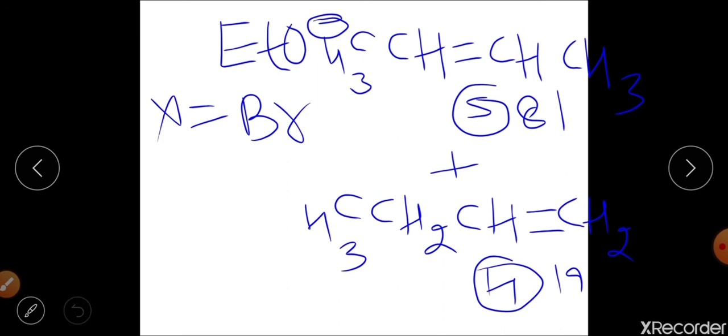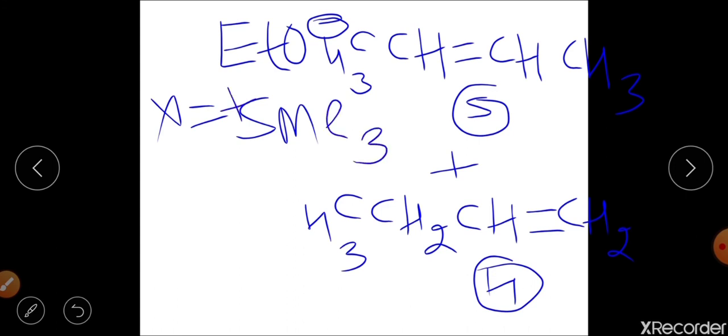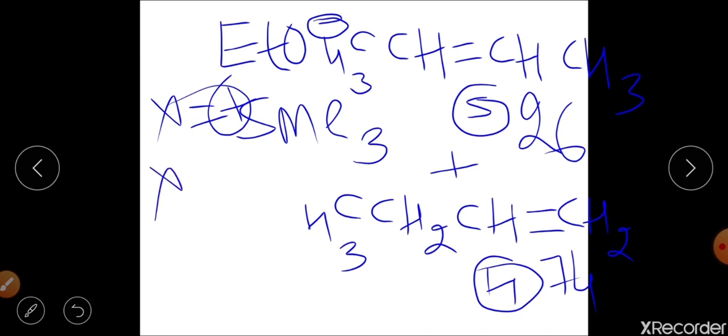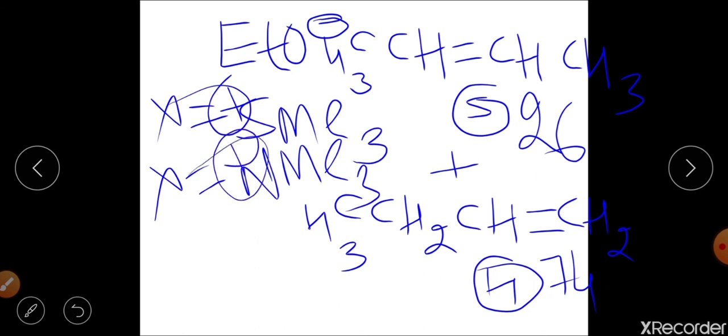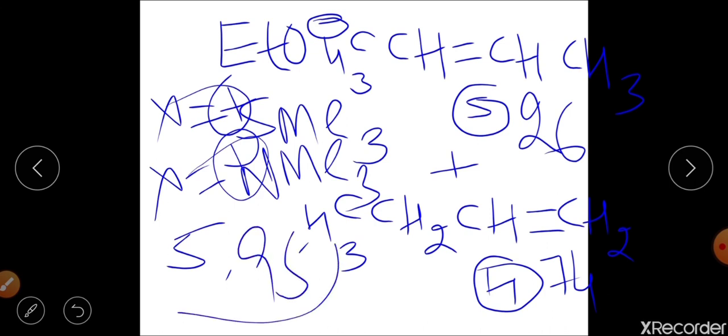Now when the X is SMe2 positive, the S product will be 26% and the H product will be 74%. When the X group is NMe3 positive, the S product will only be 5% and the H product will be 95%.